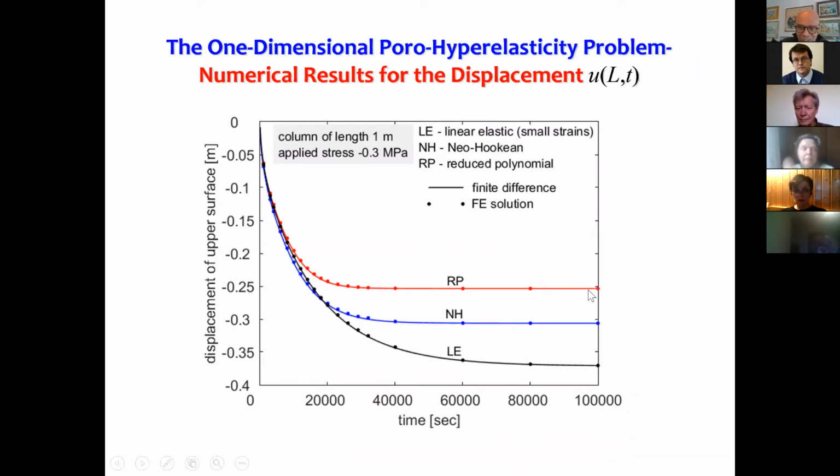So in other words, the reduced polynomial gives me a lower consolidation settlement, and then the linear elastic one gives me a higher consolidation settlement. The rates at which the consolidation takes place, there are some differences, but not much. And the computational scheme matches exactly the finite difference scheme, which is a mathematically rigorous one as well.